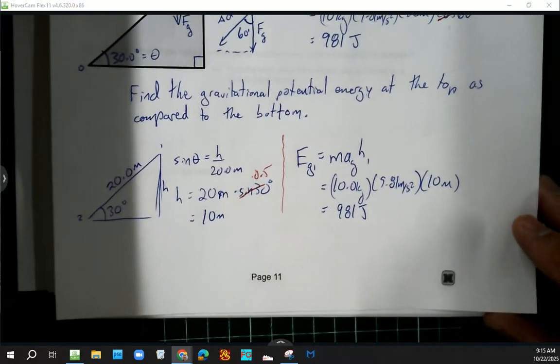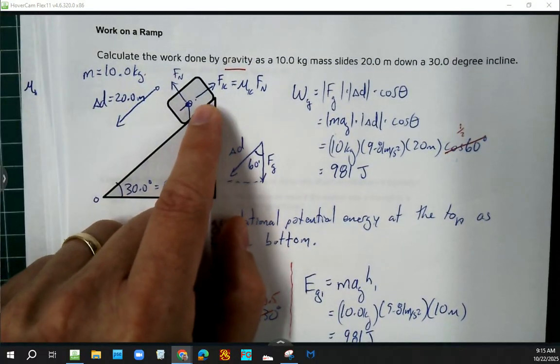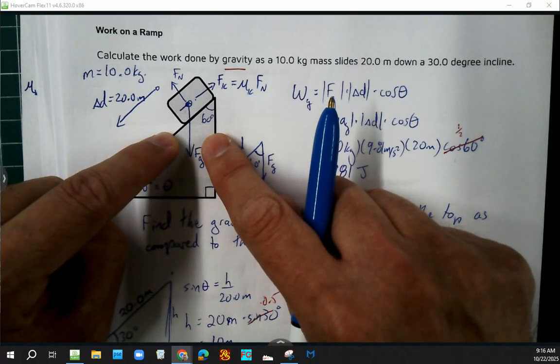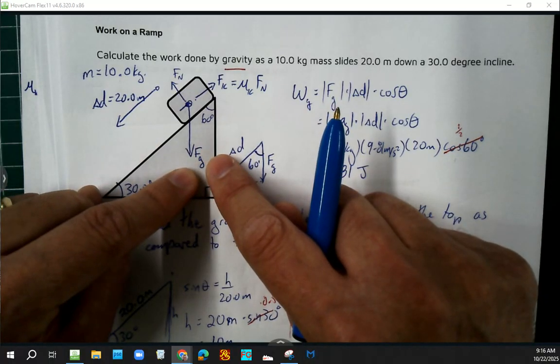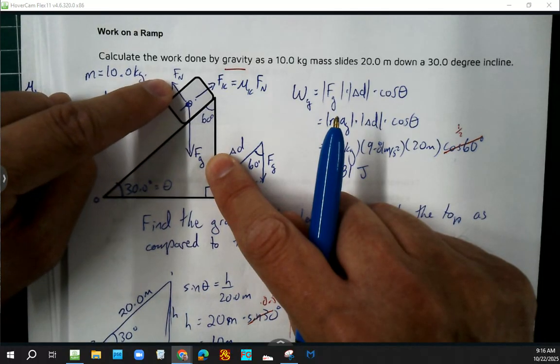Now the extra thing that I said we're not doing right now is friction, but I want you folks to know that it's fair game. You should be able to look at a problem like this, figure out what Fg perpendicular is, what Fg parallel is, and based on Fg perpendicular, what the normal force is.